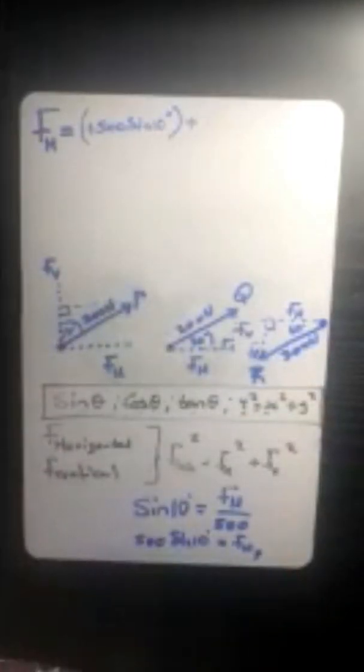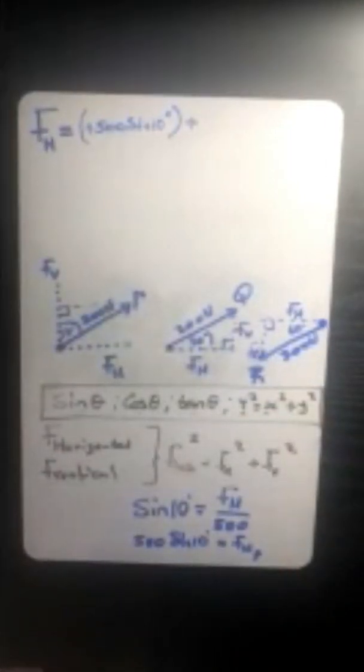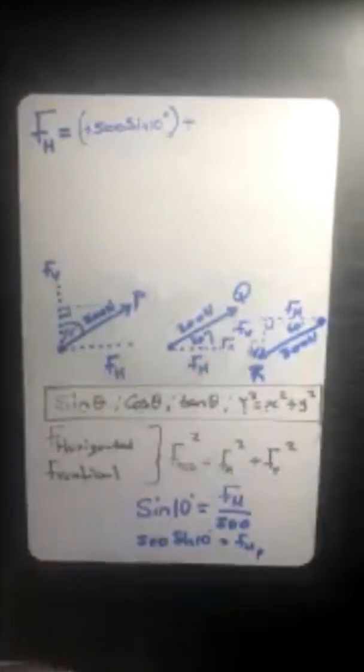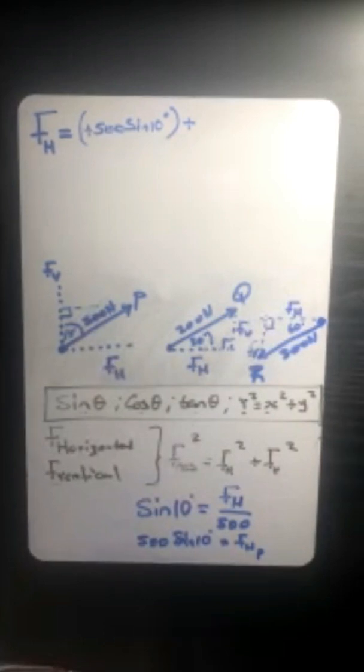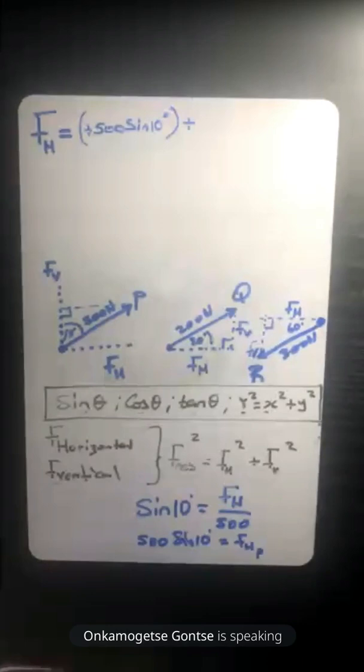Then we move to this next triangle. Is the board blurry? Let me see. Is it still blurry? How is it now? Maybe it's only me. Can you see there? It's blurry, right? Yes, sir.